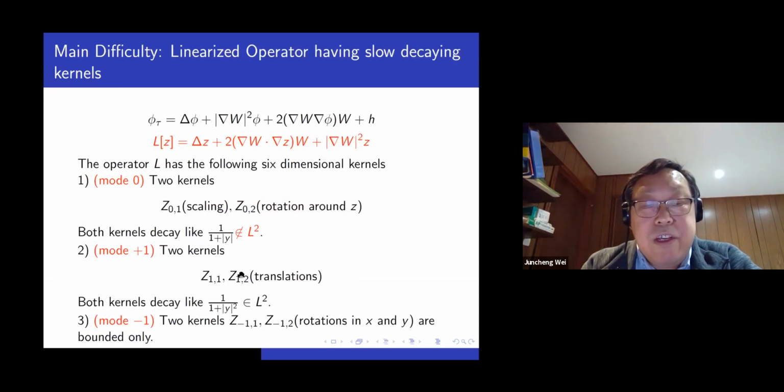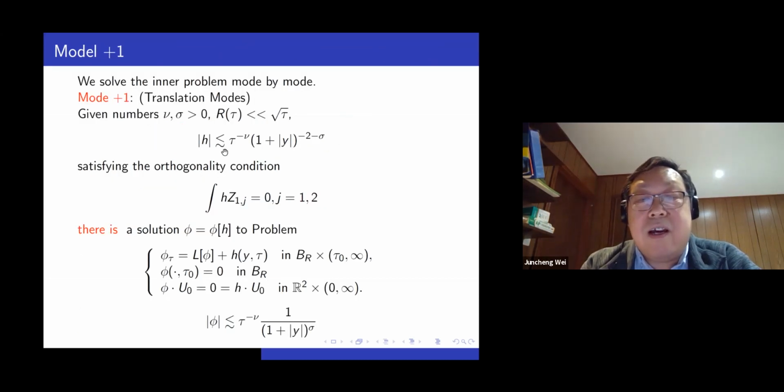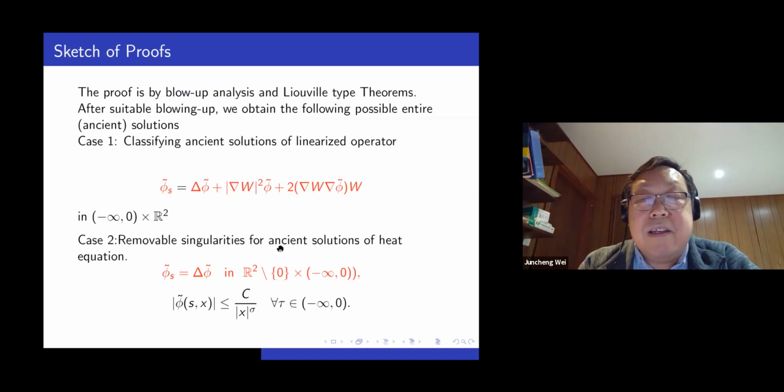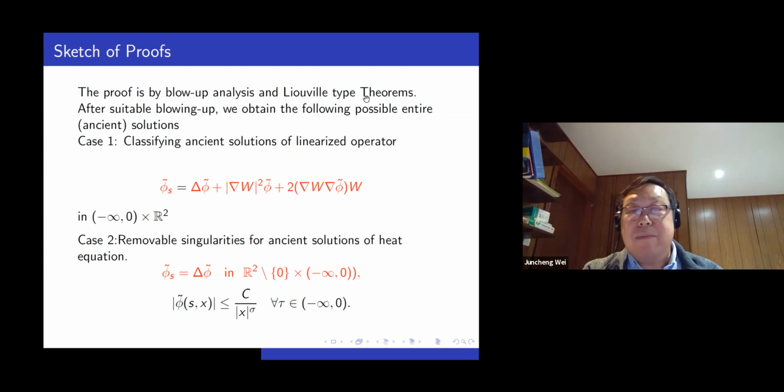Okay, so if your kernels are in L2, you can have a good theory, sort of Fredholm theory, as long as your right-hand side is orthogonal to the kernel, and you have a solution which is fast decay in space and fast decay in time. You can find a solution with both decay. And the proof is by blow-up analysis and the Liouville type theorem, right?